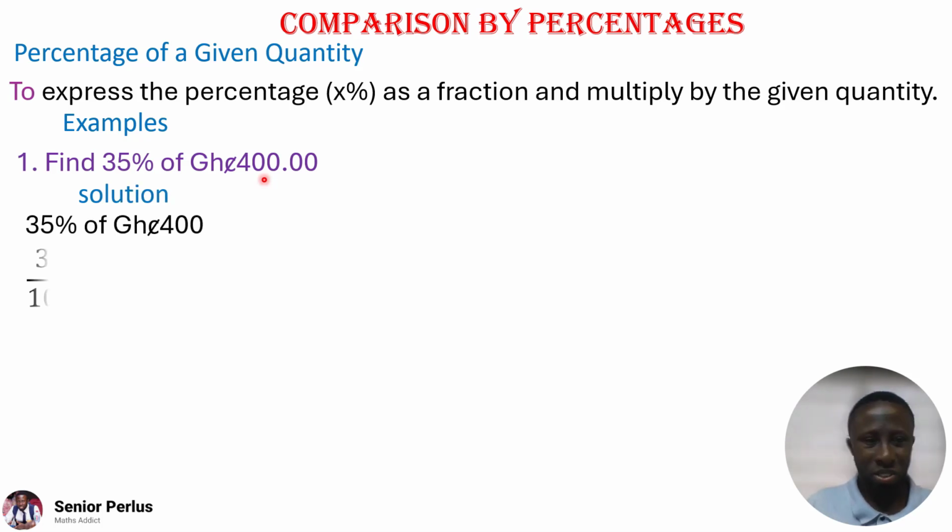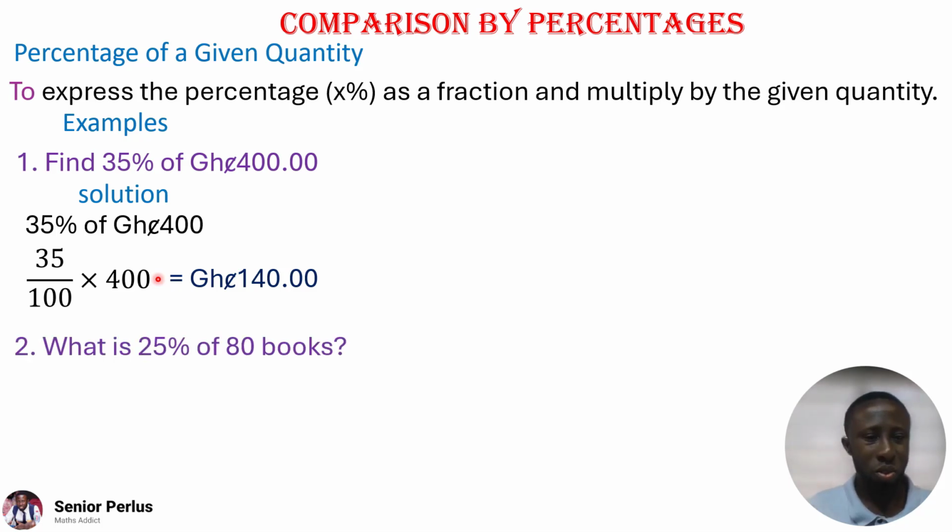Good. So 35% of this. Very easy. Just make use of your calculator, or you can go by your JHS methods. This will cancel, and this will cancel. Then 4 times 35, you have as your answer 140 Ghana cedi. Question 2. What is 25% of 80 books?